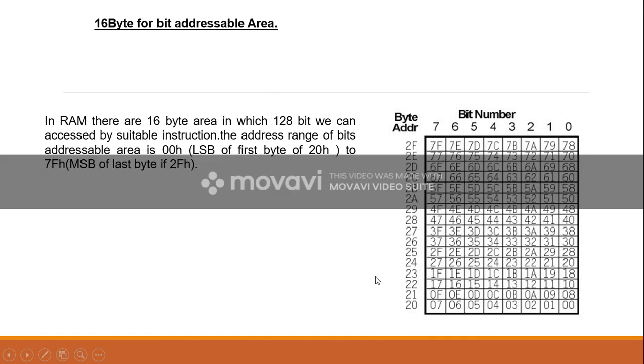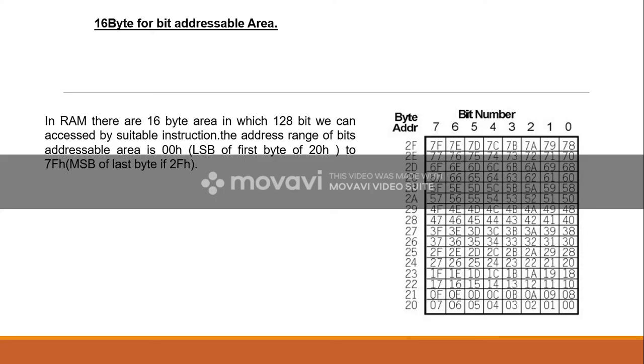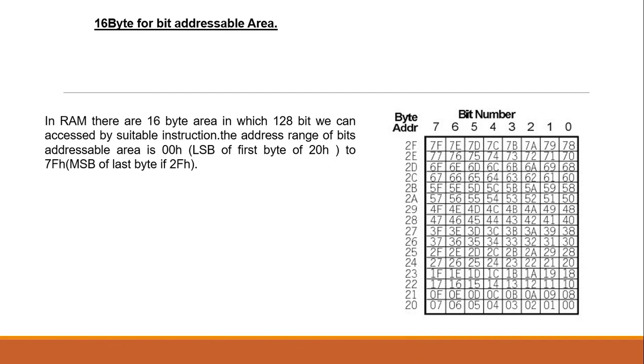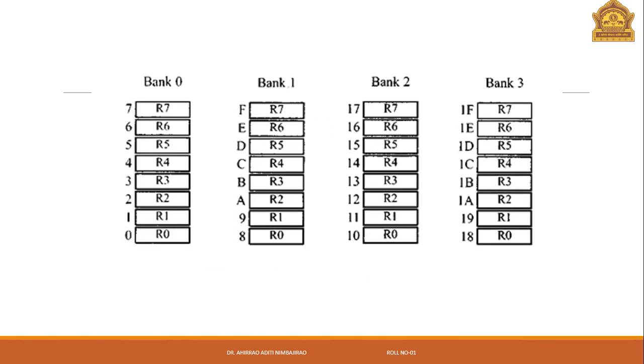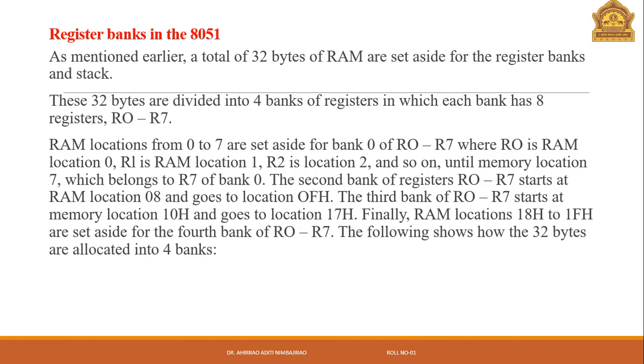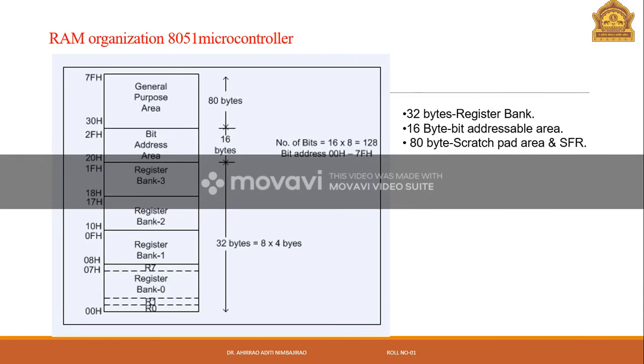So from 20 to 2F, a total of 16 bytes is allocated for the bit addressable memory. So this is the RAM organization and the different register banks we can use for the 8051 microcontroller.